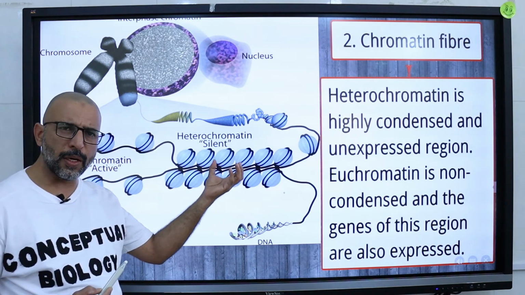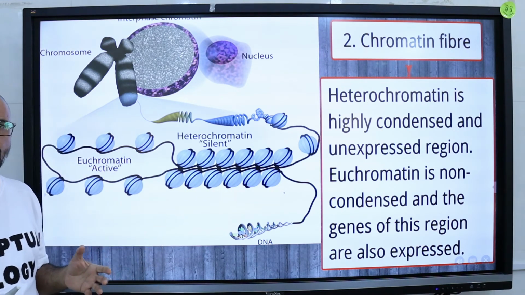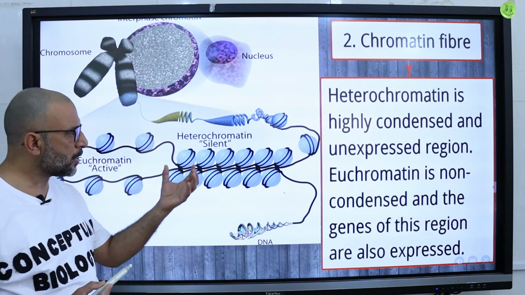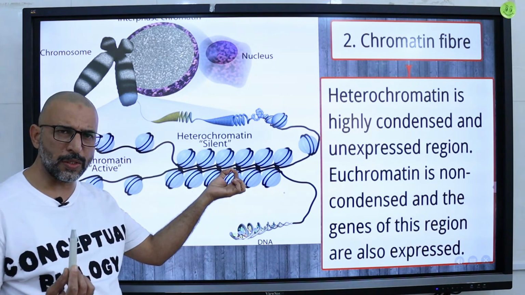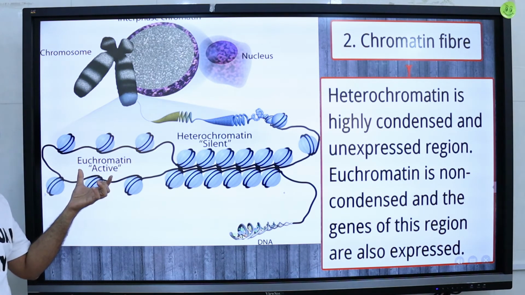Heterochromatin is a highly condensed and unexpressed region throughout the cell cycle, and the transcription process does not take place in the heterochromatin region. Euchromatin is the non-condensed region, and the genes of this region are expressed because the genes are active.